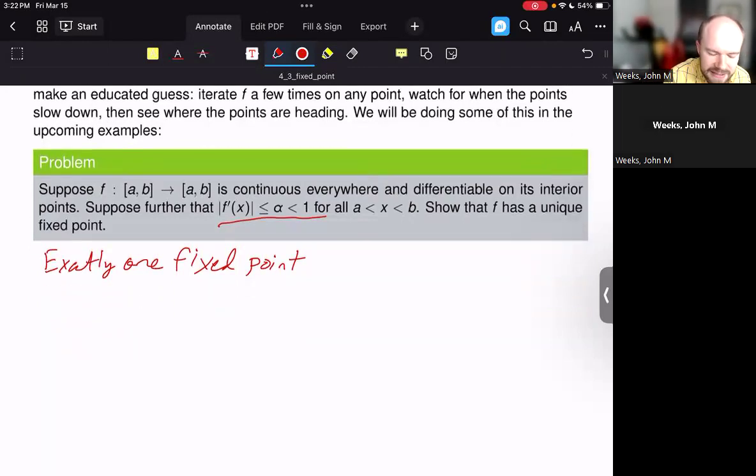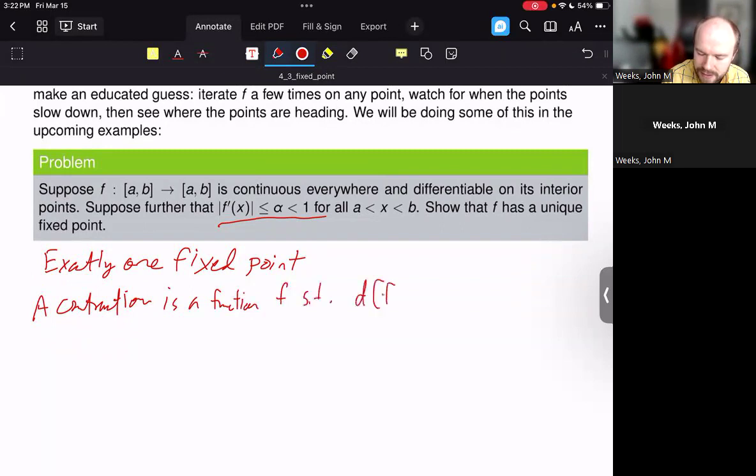A contraction is a function f such that the distance from f of x to f of y is less than or equal to s times the distance between x and y.